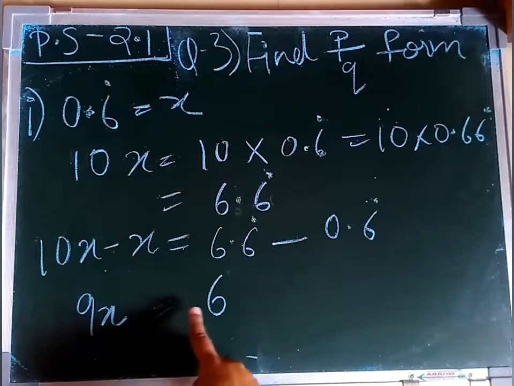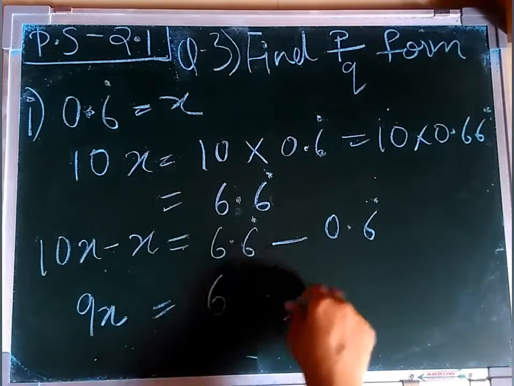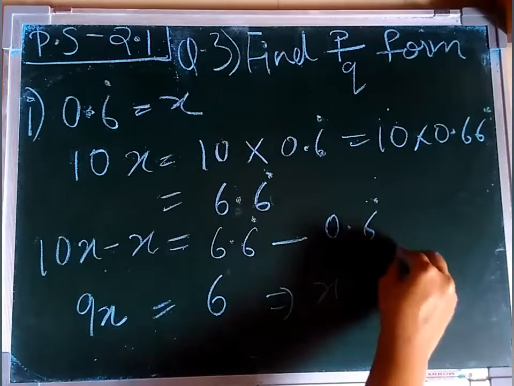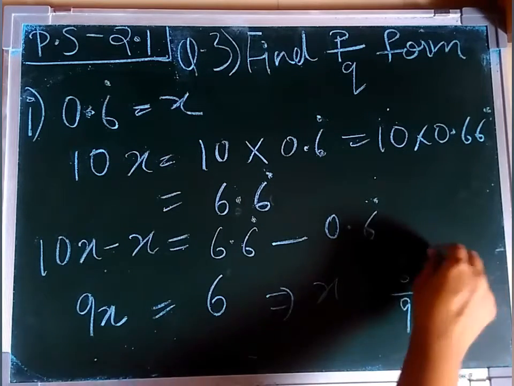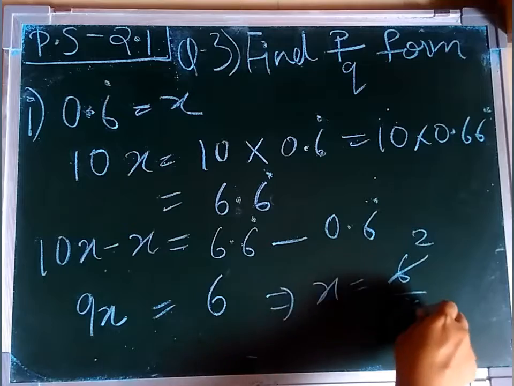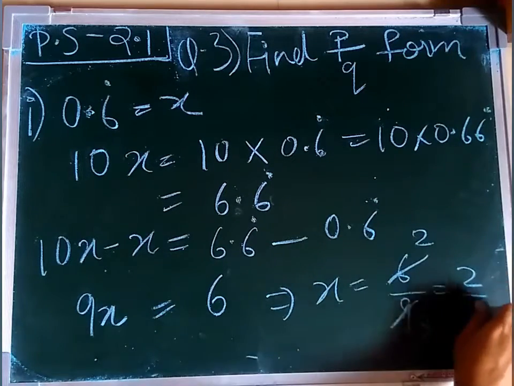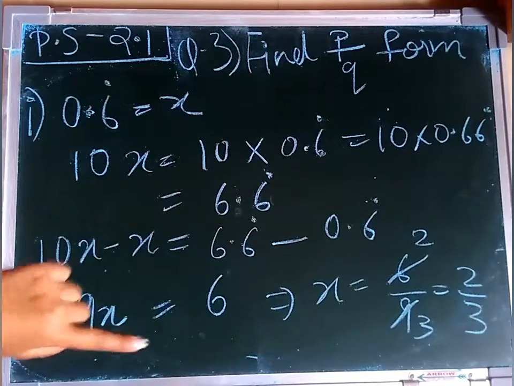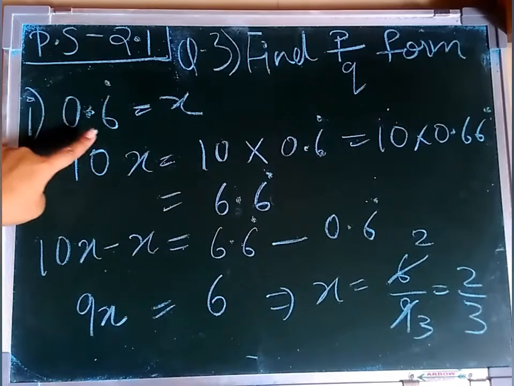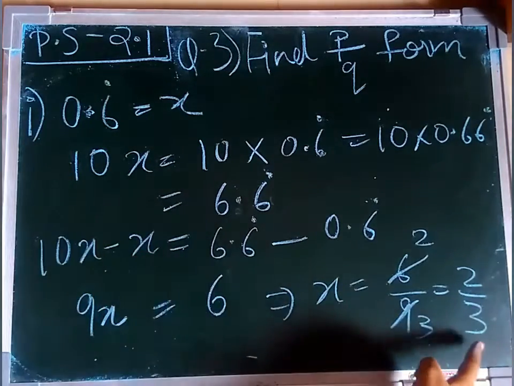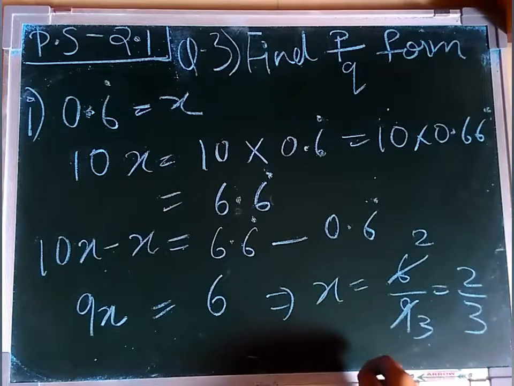So 9x is same as 6. This implies x is 6 by 9. So again I can reduce this by 3: 2 3s are 6 and 3 3s are 9. So this is same as 2 by 3. So x is 0.6 recurring and its p by q form is 2 by 3.